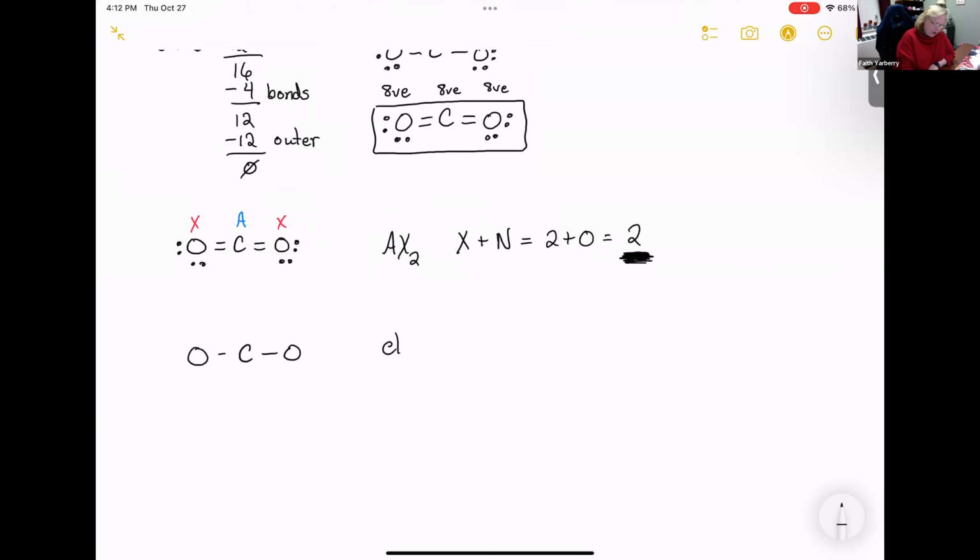So the electron geometry is linear. And again, it's going to have an ideal bond angle of 180 degrees.